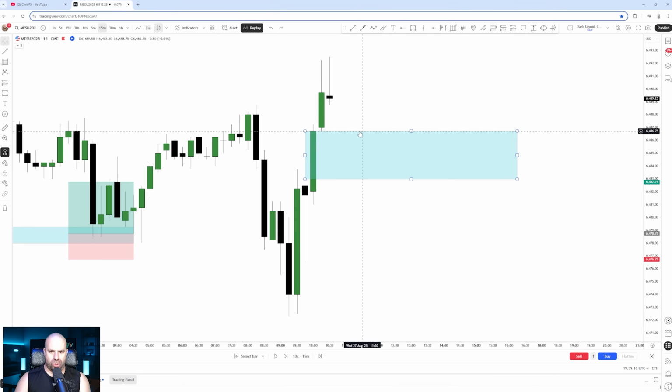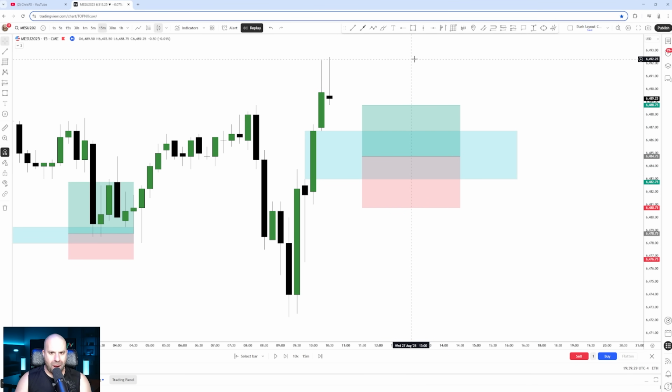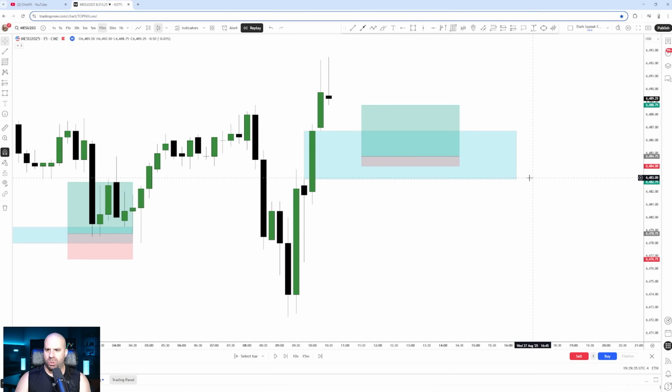And now we measure. We always take the trade from the middle, as we said. We want to increase the reward to risk or our chances of winning the trade. The middle is exactly right here with our gun box as we showed it previously. So now let's measure from the bottom, forgetting about the stop loss, from the bottom of the FVG until the bottom of candlestick number 2.